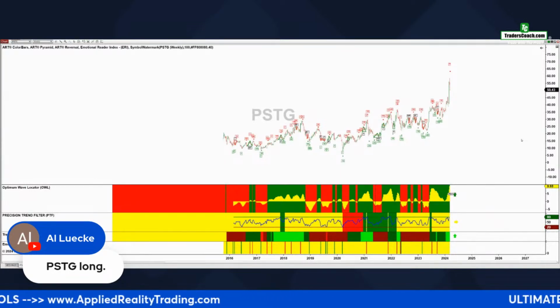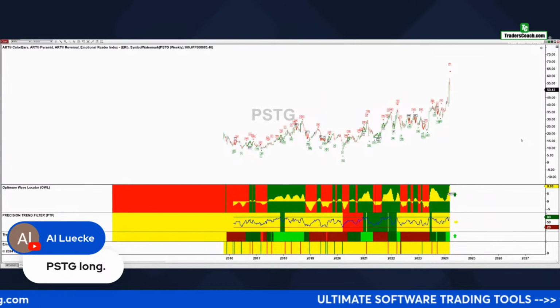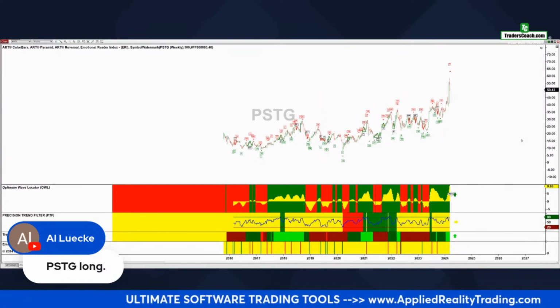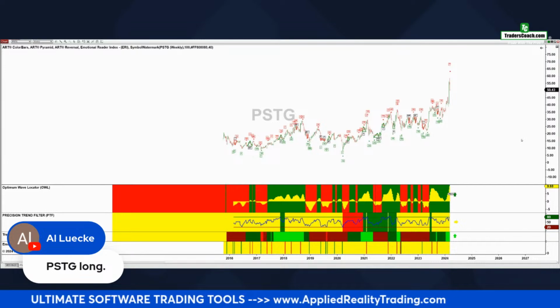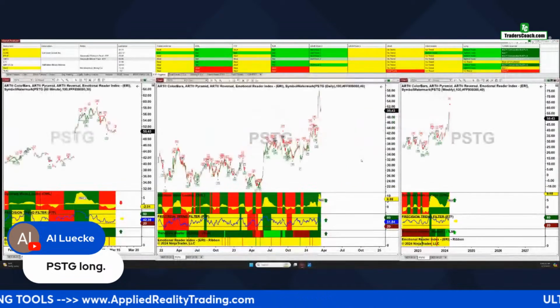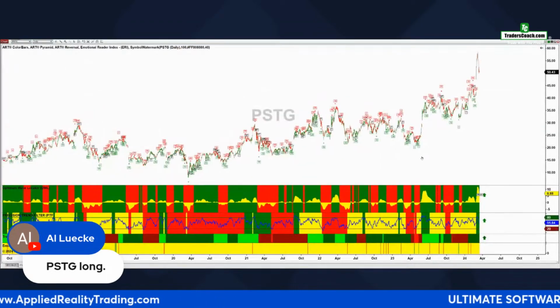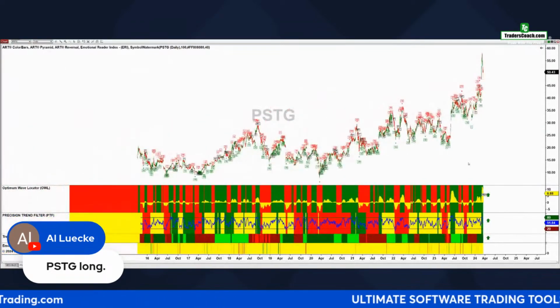We have the strongest owl to date on PSTG right now, so we're in some form of a wave 3. Without much history, it's really difficult to give you a target on this time frame, so I have to go to a lower time frame. Let's see on this chart if it's a help here.